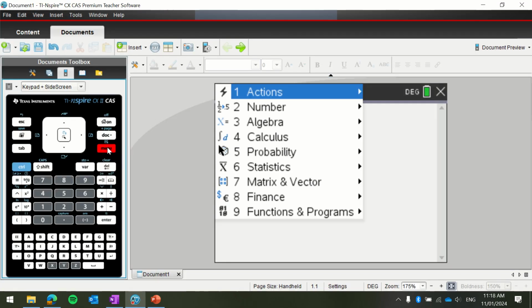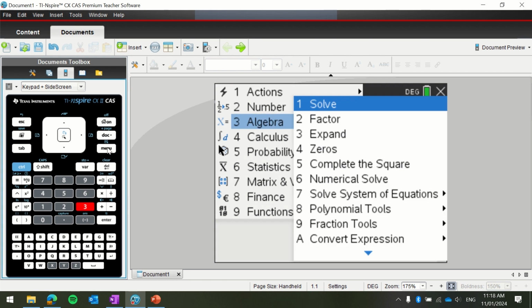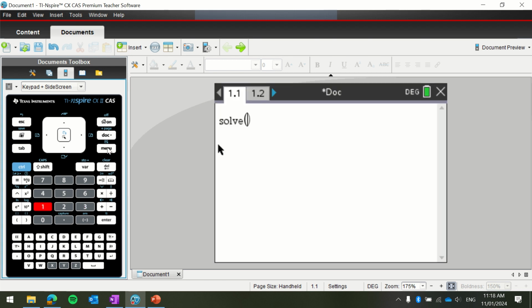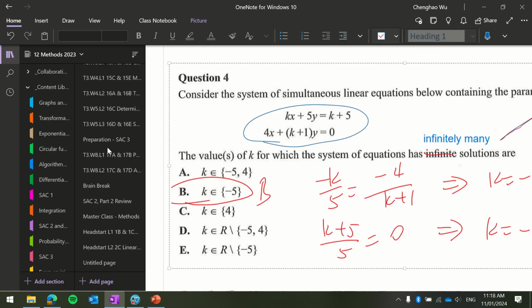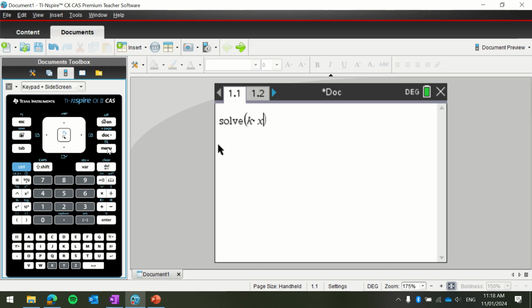Well, this is my CAS calculator. It is a Texas Instruments Nspire CX. In algebra, I'm going to go to solve. So k times x. Make sure you put a times in between k and x, otherwise it's not going to work.